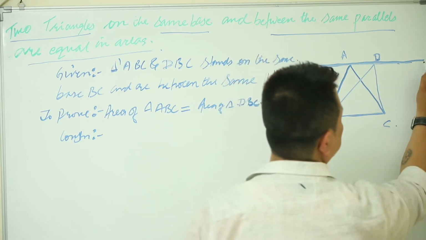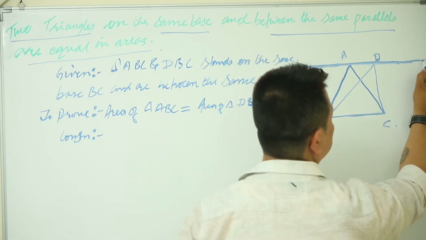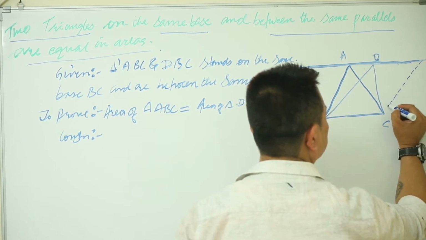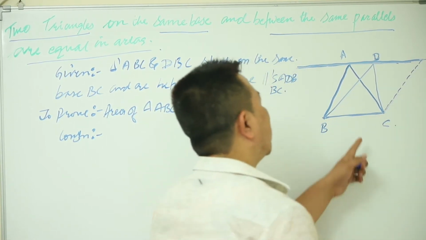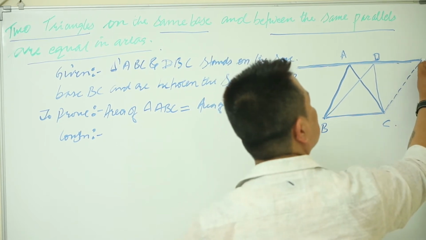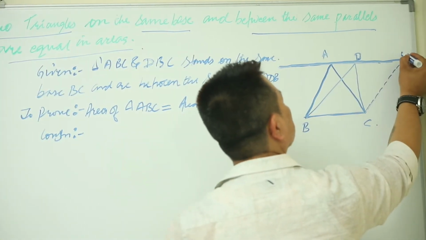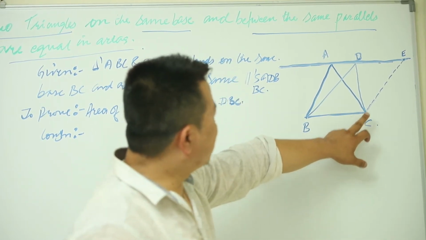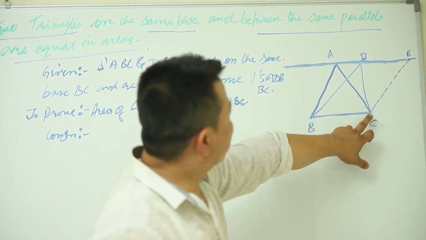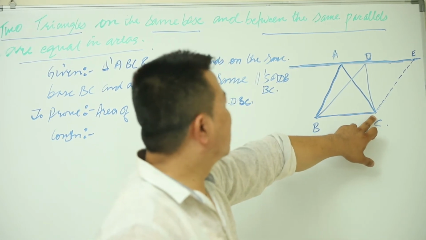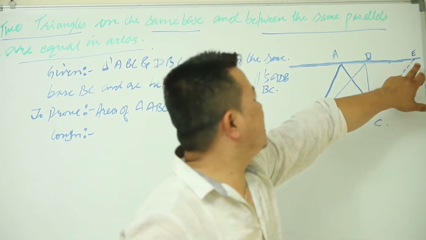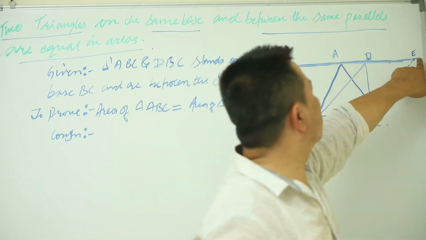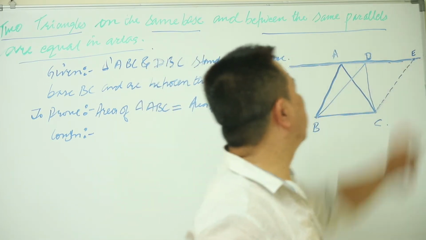Okay, let's draw it, and name it E. From point C, you have drawn a line CE parallel to BD, which meets the line AD at point E.